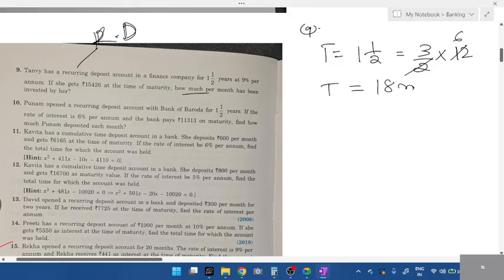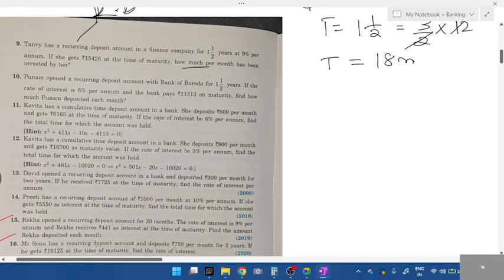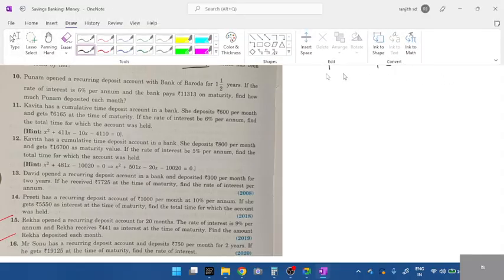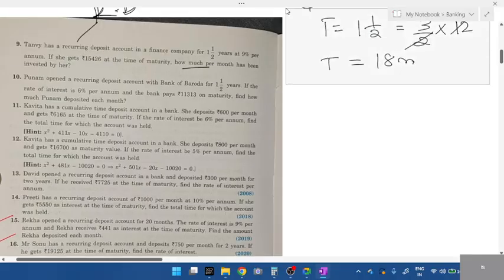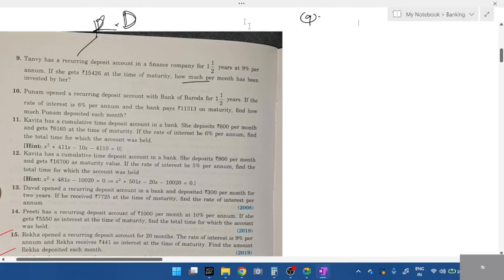Okay, this is not a time period question. For time period, time will not be given. So 11th question. Look at the 11th one. Kavita has a cumulative time deposit or RD account. It's the same.